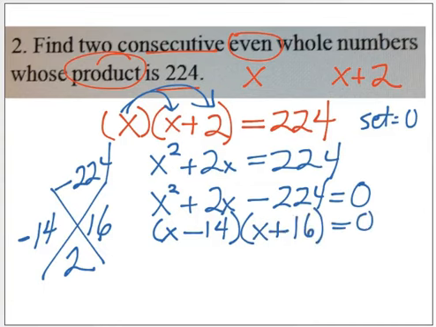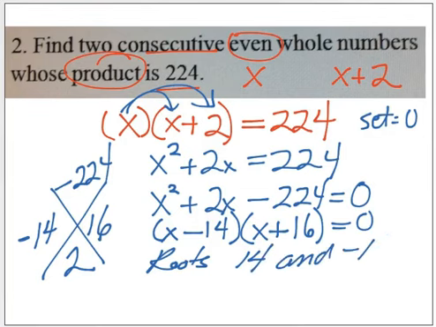Now, factors are not answers, so answers, or roots, are 14 and negative 16. This problem asks for positives, so what we have is x is 14 and x plus 2 is 16. So our answers are 14 and 16.